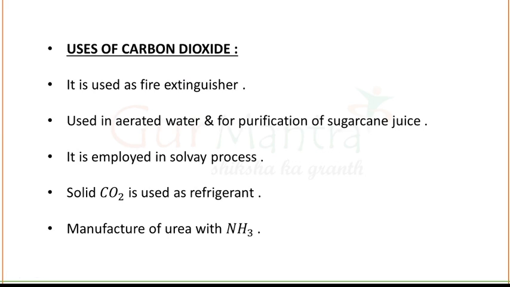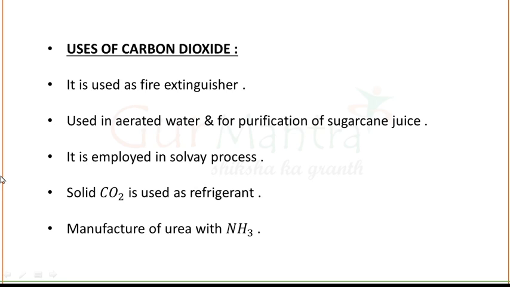Next are the uses of carbon dioxide. This carbon dioxide is used as a fire extinguisher, used in aerated water, and for the purification of sugarcane juice. It is employed in the Solvay process.